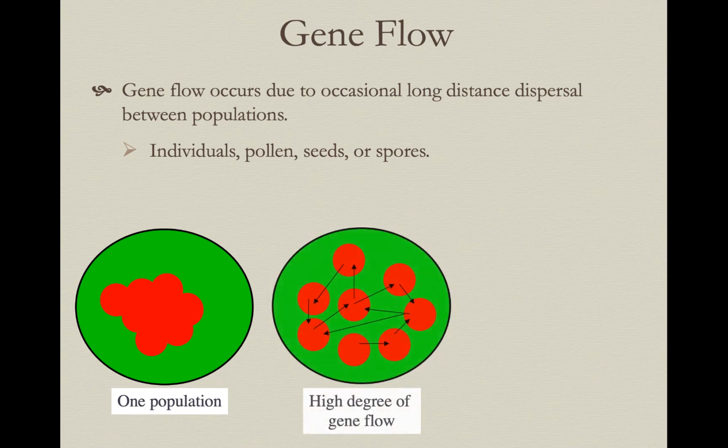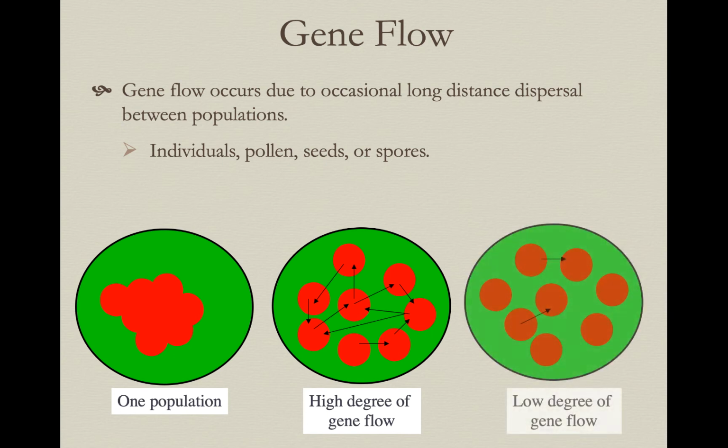Now here we actually have individual populations that are separated in space. The arrows, however, represent gene flow. There's a high degree of gene flow in this example, compared to this example in which we have the same spacing among individuals in the populations in the habitat, but there's very low gene flow between them.